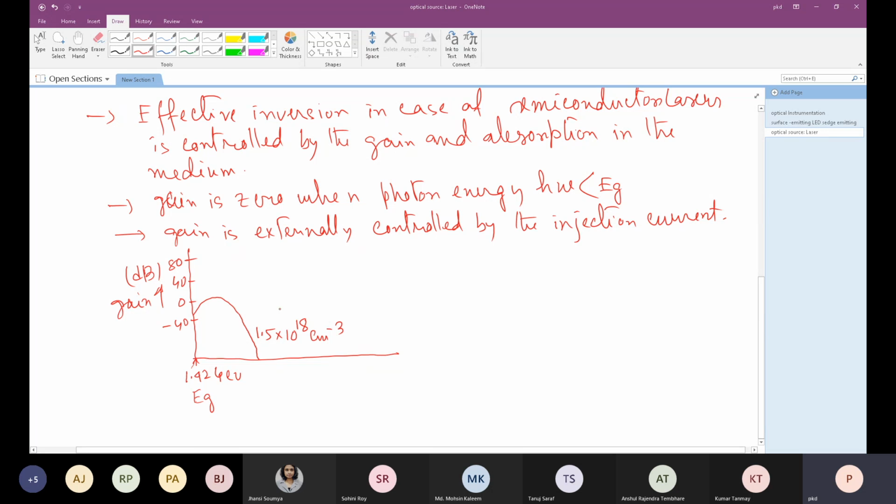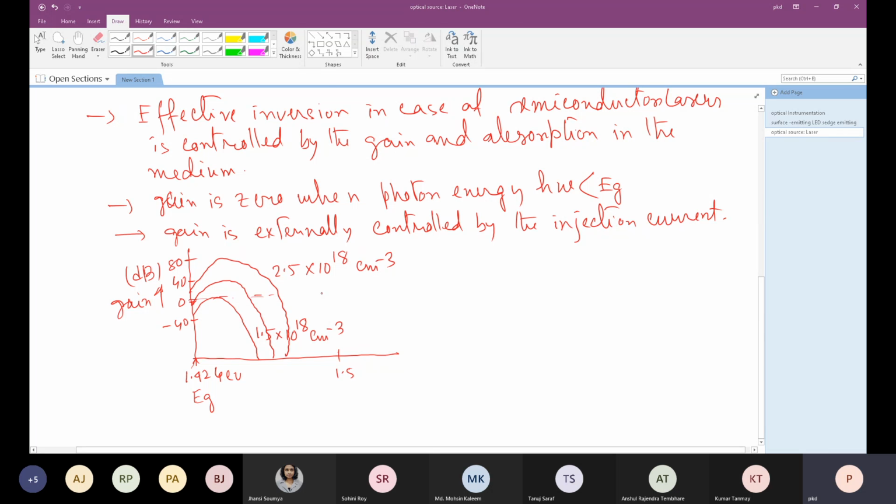But if we increase this, the gain curve will grow, and we have a positive gain.